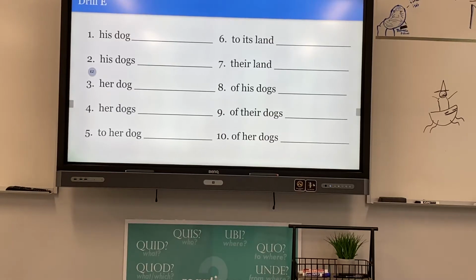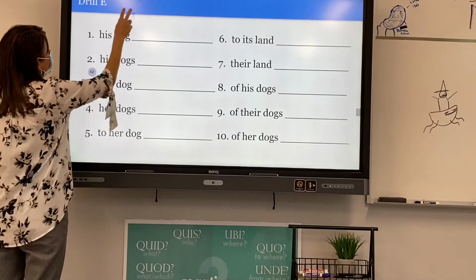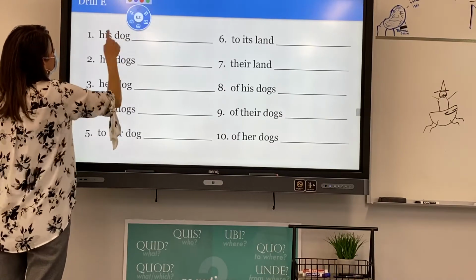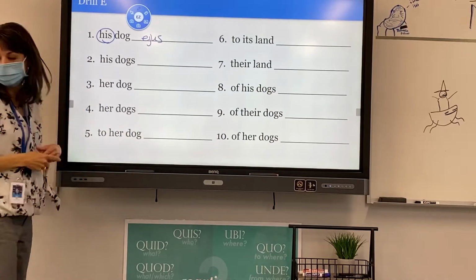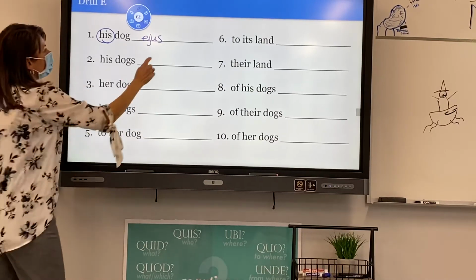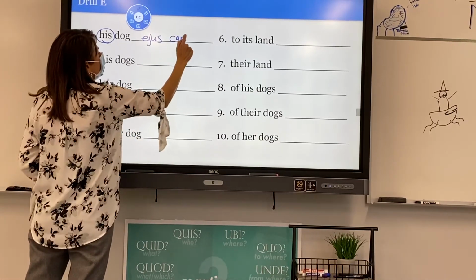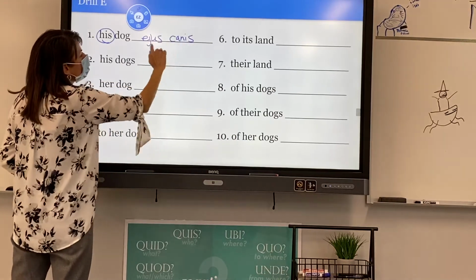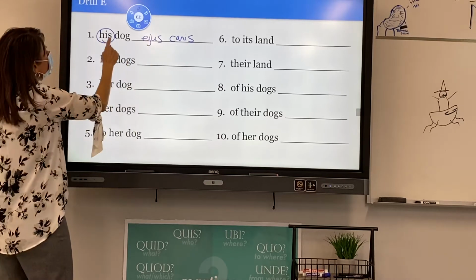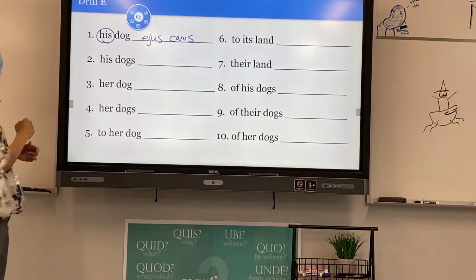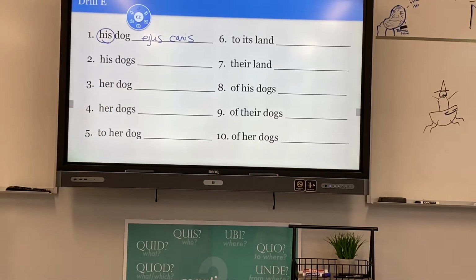So for his dog, the his just tells me it's singular, masculine, so AUS. And then I'm gonna put dog in the nominative, canis. So these two, you don't have to try to agree with these, right? You're only agreeing with the his, with that particular pronoun.